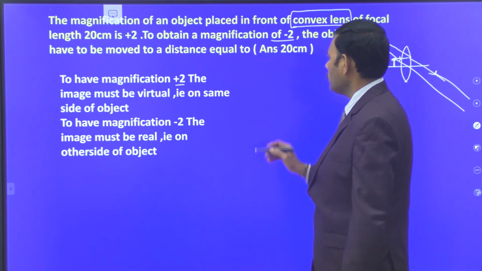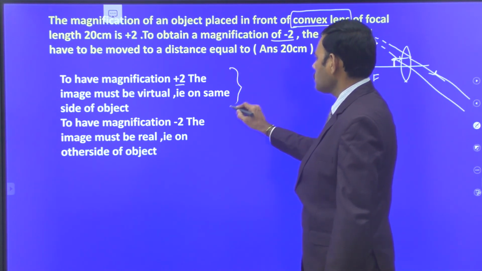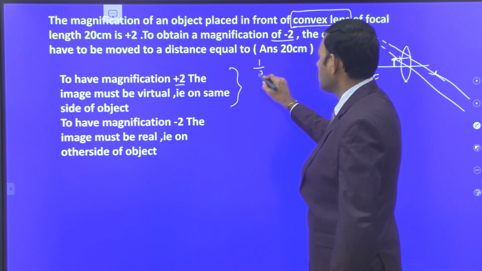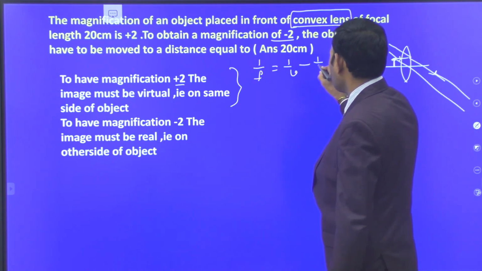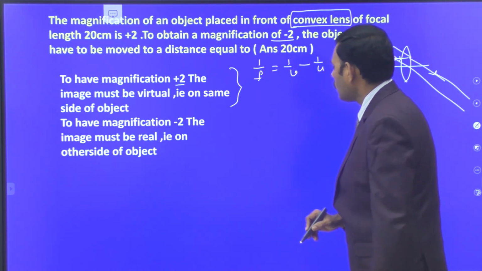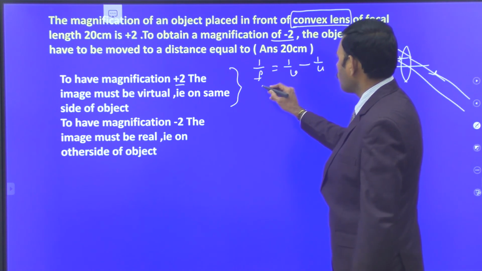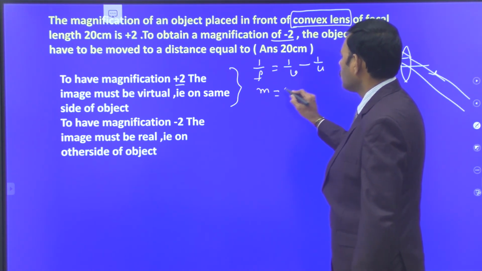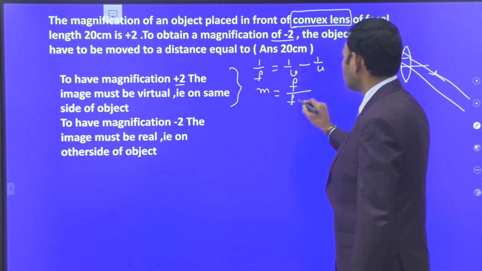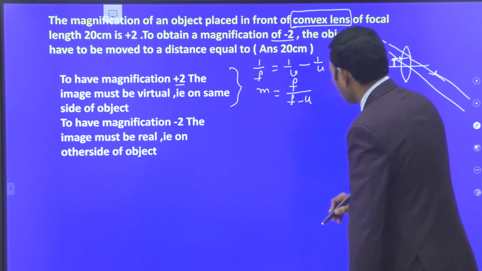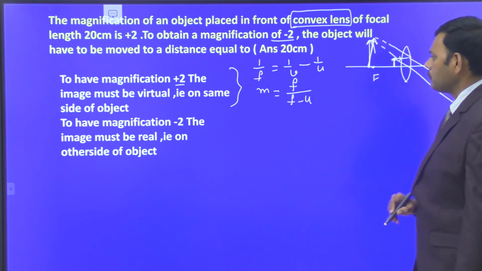To conclude this, the lens formula is 1/f equal to 1/v minus 1/u. Or we have one more formula for magnification, m is equal to f by f minus u, the relation between magnification and object distance.